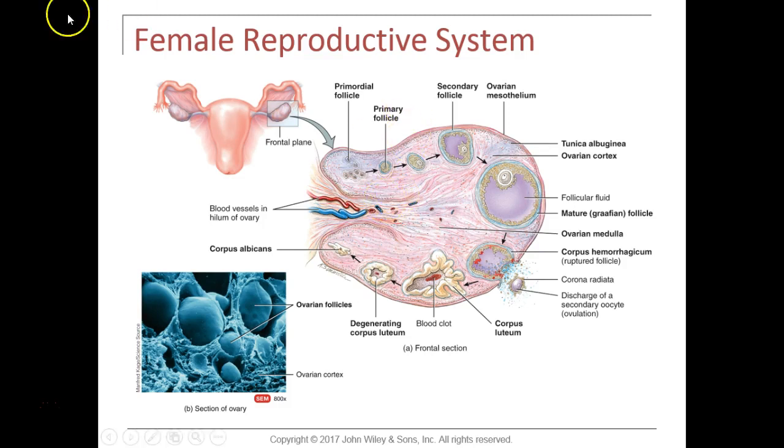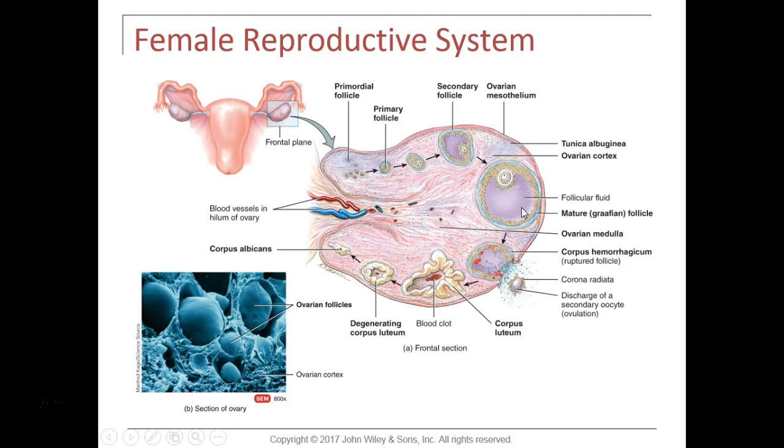So these primordial follicles develop into what's called a primary follicle. Meiosis will occur inside this follicle, and meiosis 1 will be completed so that in a mature Graafian follicle there is a secondary oocyte. So the primary oocyte develops into a secondary oocyte, which is the cell that will be ovulated.